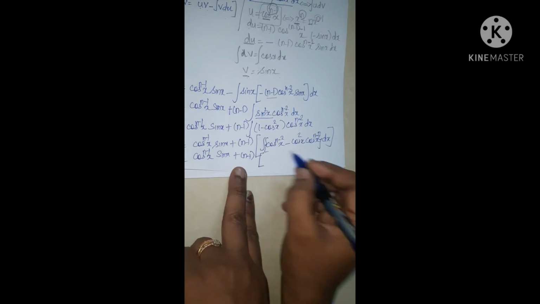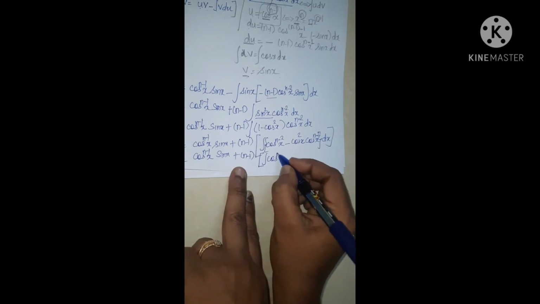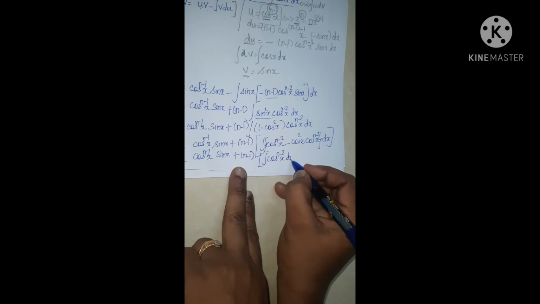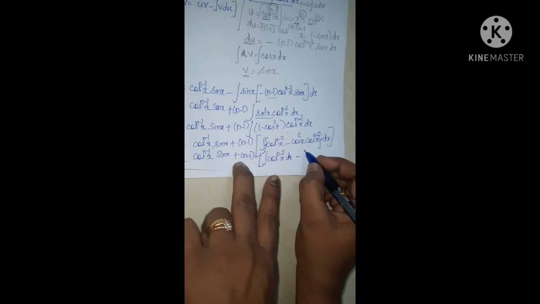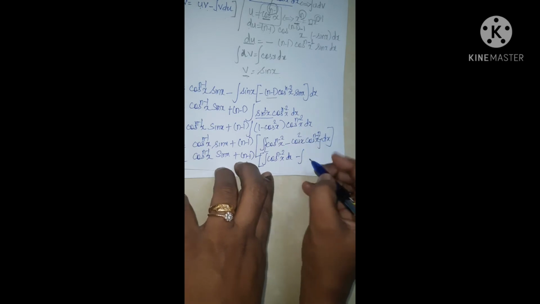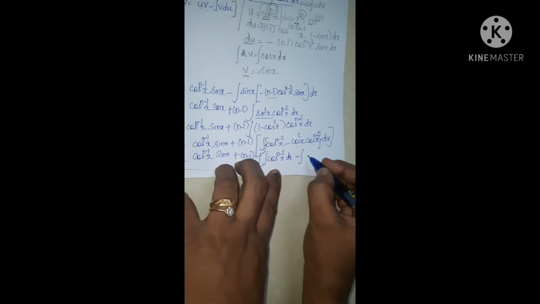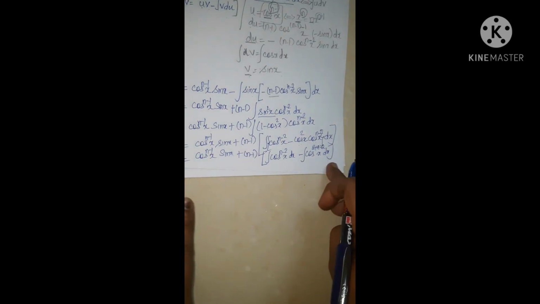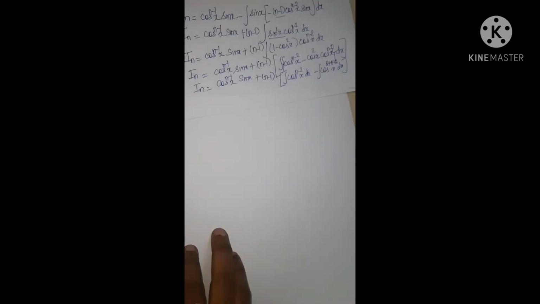So we have (n-1) of integral cos^(n-2)x dx minus integral cos^2 x into cos^(n-2)x dx. Both are the same cos function, so powers can be added: cos^(2+n-2)x dx. This completes the step where we have separated the integral.